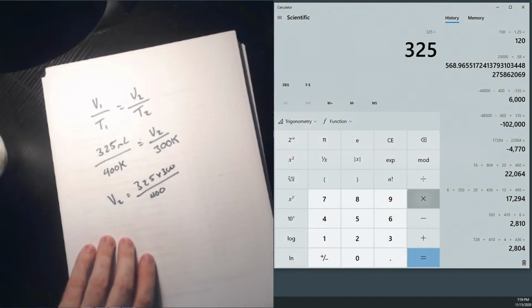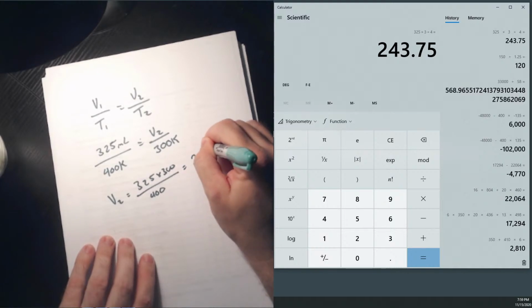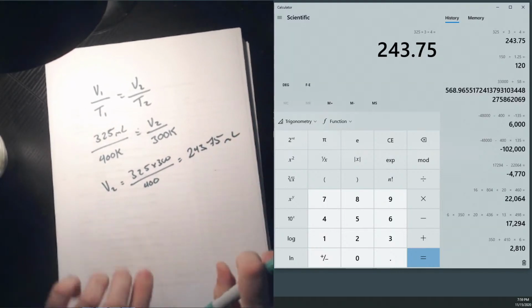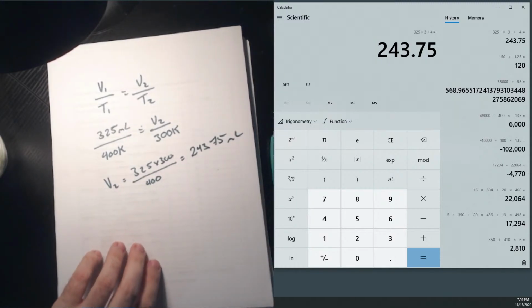So 325 times 3 divided by 4, 243.75 mils. So these initial gas law problems are fairly straightforward. They usually work out to something like this: A times B divided by C.